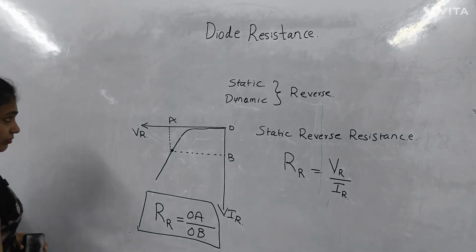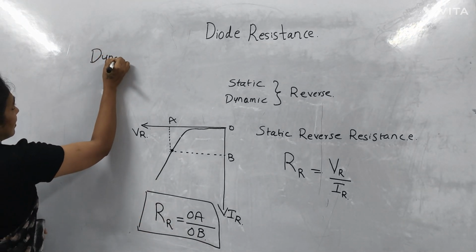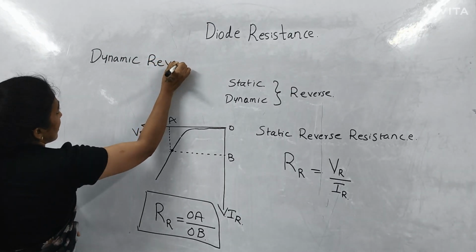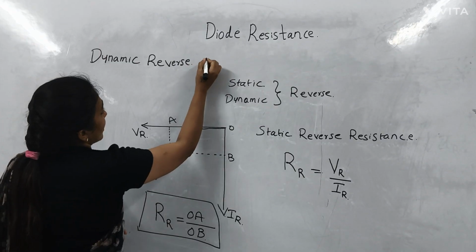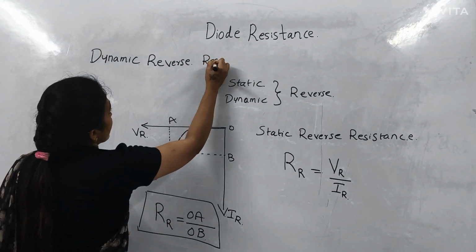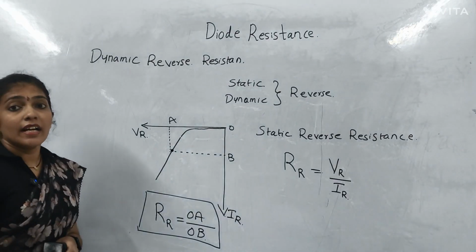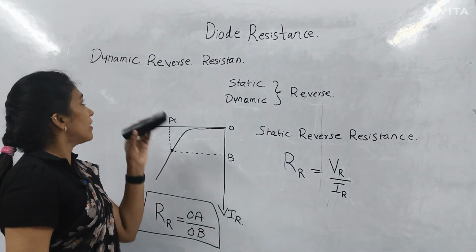Next, dynamic reverse resistance. We already know the definition of dynamic resistance: when the diode is in an AC condition, it offers some resistance.